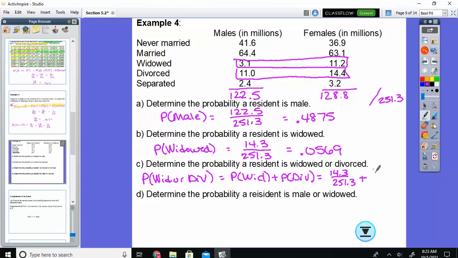Probability of being divorced, if you add your divorce... that's 0.15797, so 0.1580.